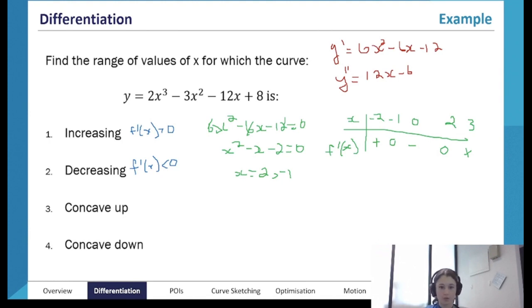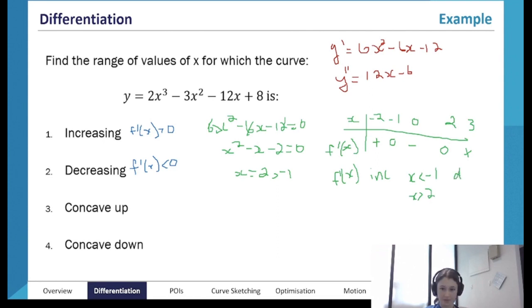So what this tells us is that the function of x is going to be increasing for the interval when x is less than negative 1 and when x is greater than 2.